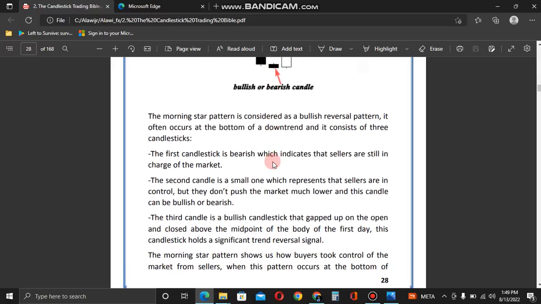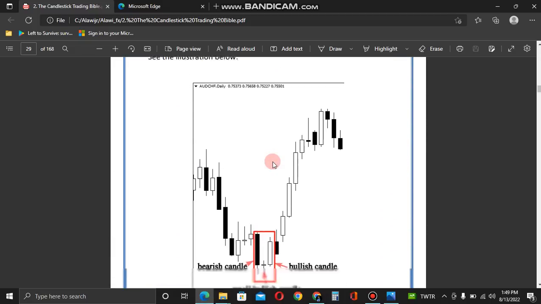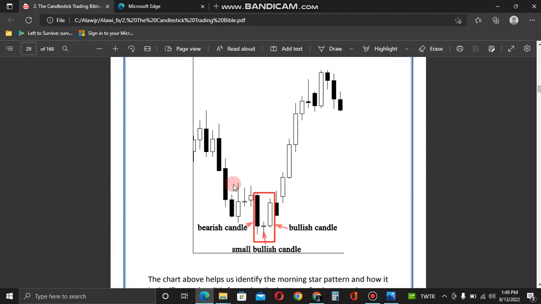So getting back to a real chart example. Here is a real chart example. This was a downtrend, as you can see on the previous chart. After the market reached the support level or demand level, it left a good confirmation of a Morning Star. As you can see, the first was a bearish candle, the second was a bullish candle, the third was a bullish candle.